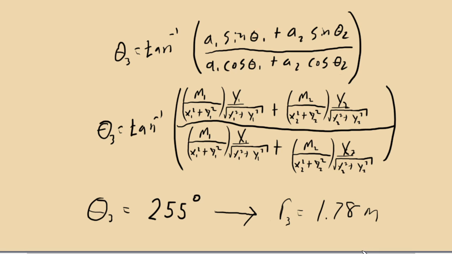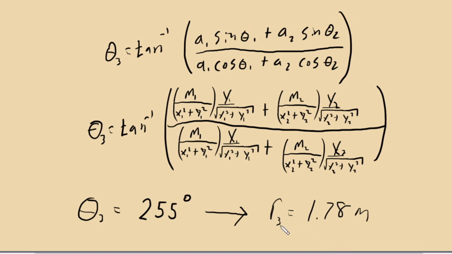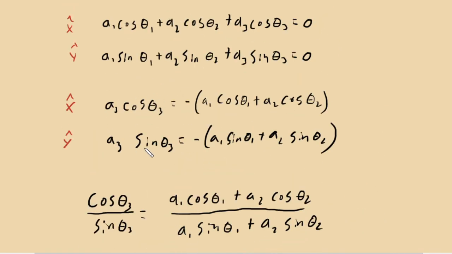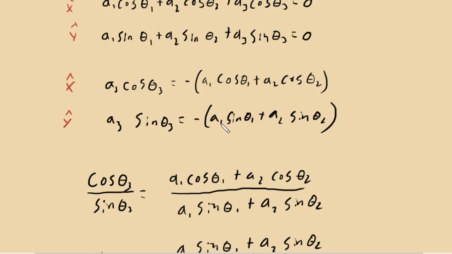I didn't write it out here, but in order to find the location of our mass 3, how far it is from the origin, we could just go back up and solve either of these equations. We had our two equations, one working in the x direction and one in the y. I chose this y equation for some reason, and I plugged in my 250 degrees, and we have to do the same thing where we substitute our acceleration and our sine of angle 1 and sine of angle 2.